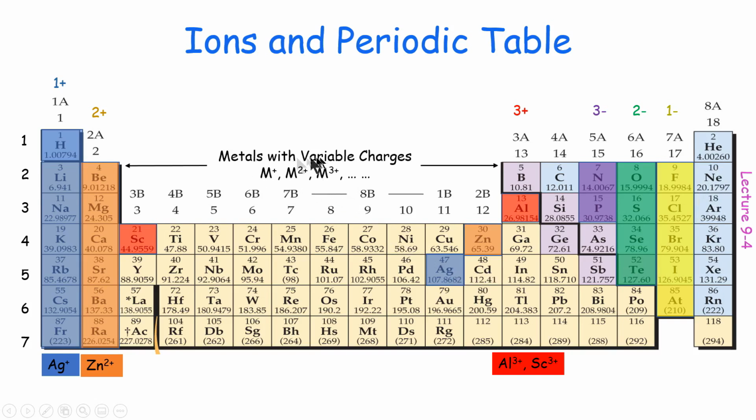For those transition metals, they have variable charges, except scandium, zinc, and silver. So you can find, they can have charges of +1, +2, +3, and so on. Most of you probably already know iron can have 2 positive charges, can also have 3 positive charges.